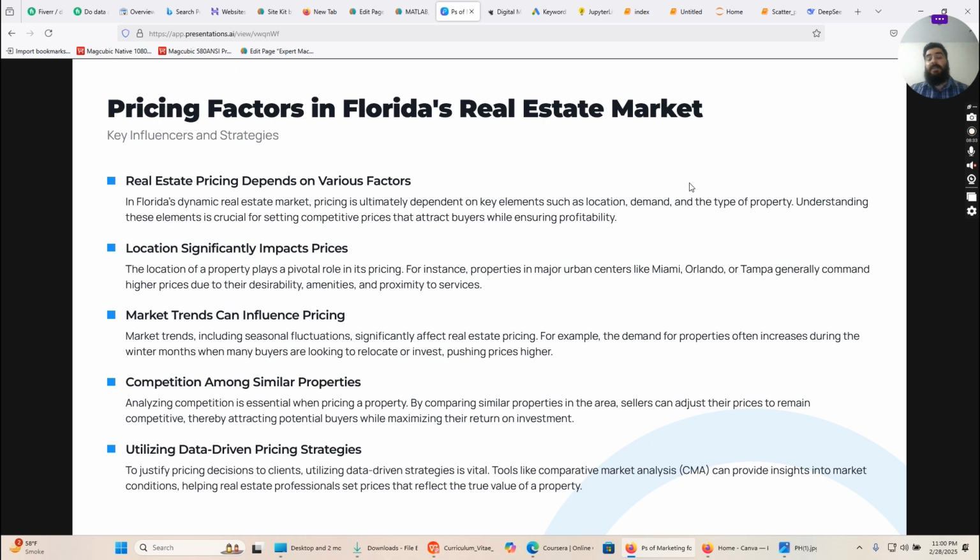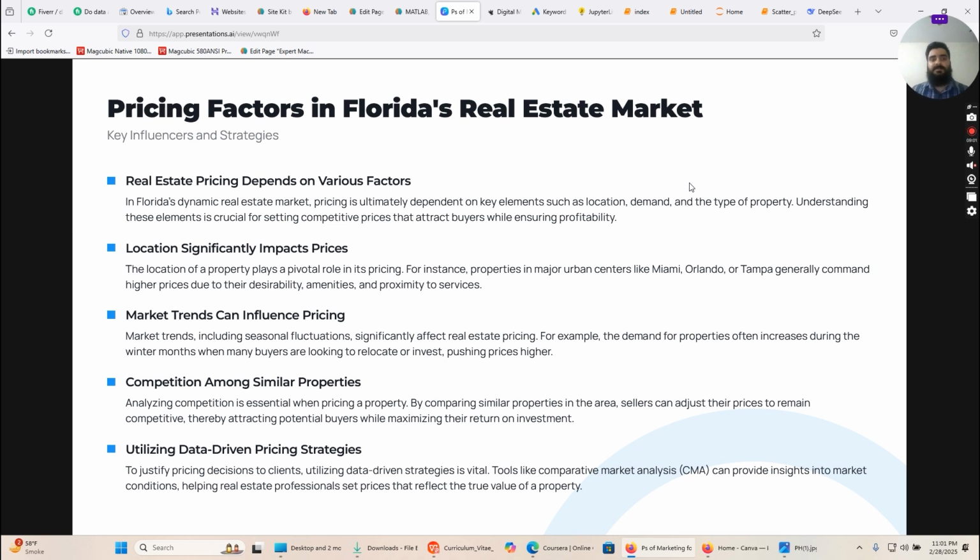Okay, so let's move on to discuss the next P of the 4 P's of marketing, which is pricing. We are going to discuss the pricing factor of the 4 P's of marketing in the context of real estate marketing, particularly in the Florida real estate industry. So what are the key influencers and strategies that we can tailor to target such properties?